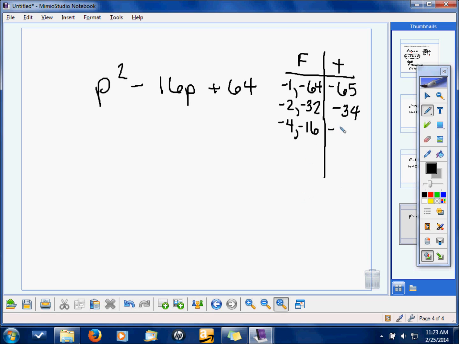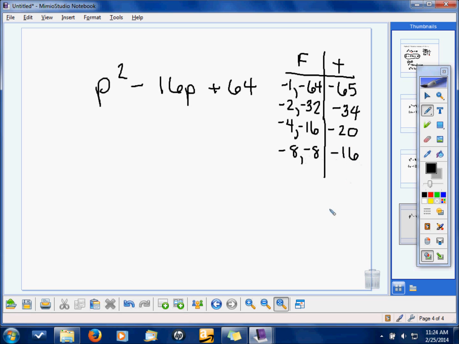Okay, and that's negative 20. We're not quite there yet. Does 5 go in? No, and you can always check by dividing on your calculator. So how about 6? No. How about 7? No. How about 8? And that actually gives us the answer.